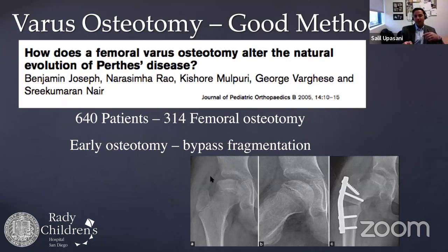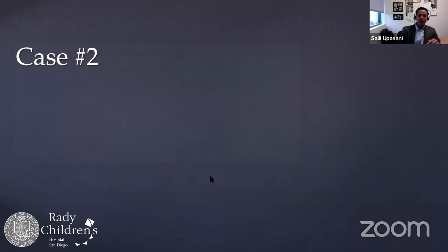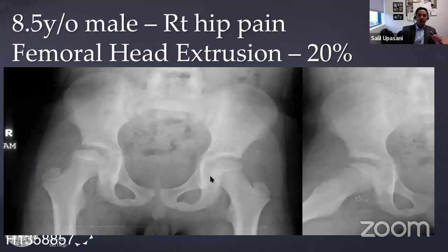And I think his technique of putting a screw through that greater trochanteric apophysis might be part of what resulted in such good outcomes in this paper. But there's also good data published out of Norway with Wiig, with 368 cases of femoral osteotomy with good outcomes at 5-year follow-up. So here's another case.